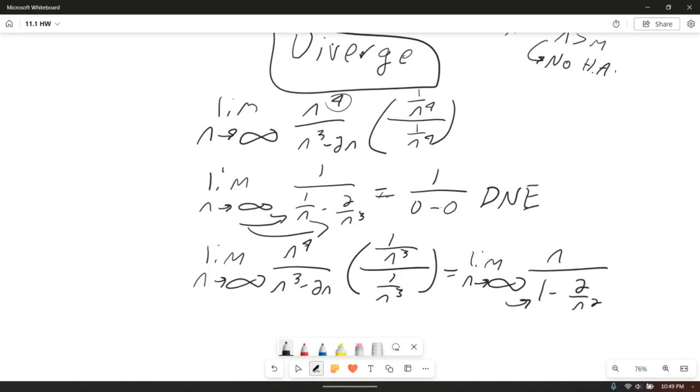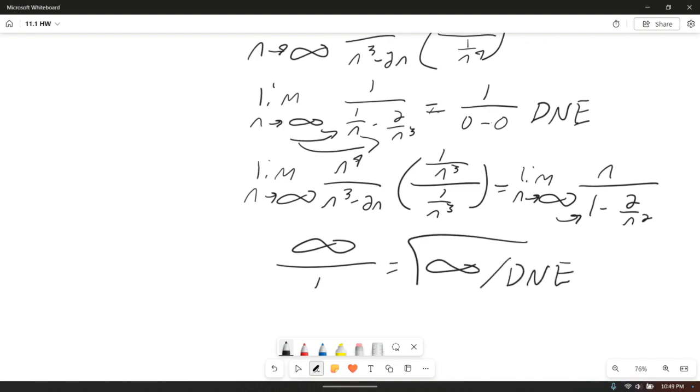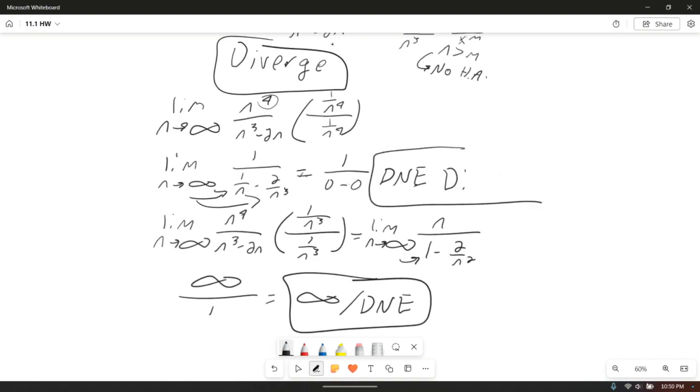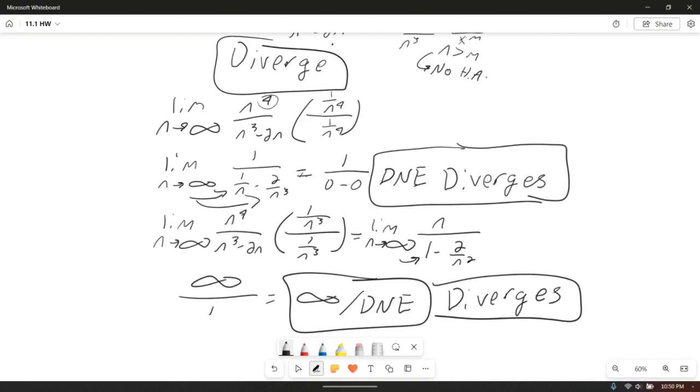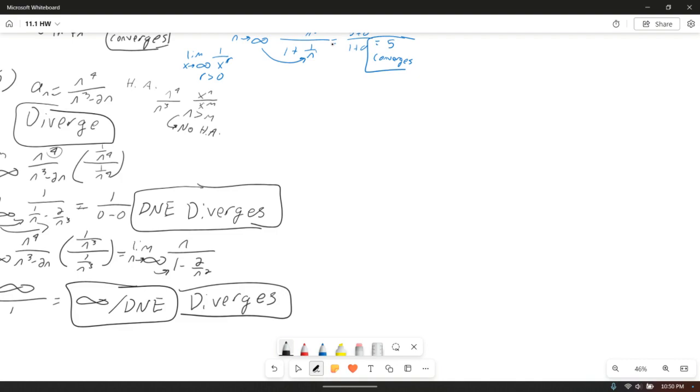So here we could just apply the limit. As n approaches infinity, we have infinity over 1, which is infinity, which also does not exist. So there are a lot of ways to show that this just diverges. It all leads back to, it diverges, and I'm just showing you different ways to show that it does.